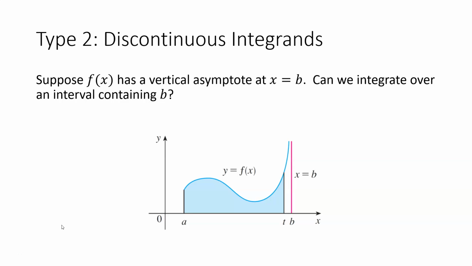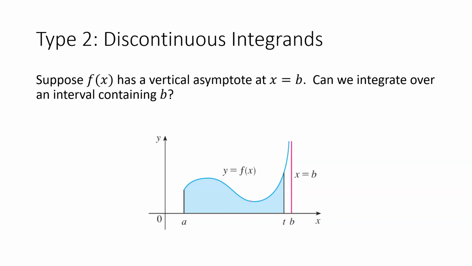Now the second type of improper integrals that we'll consider are ones which have discontinuous integrands. One way we can imagine this is to consider the case when we're integrating a function where the interval over which we're integrating has a vertical asymptote either at one of the endpoints or somewhere in between.